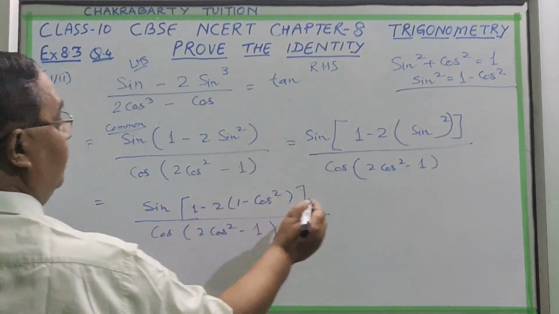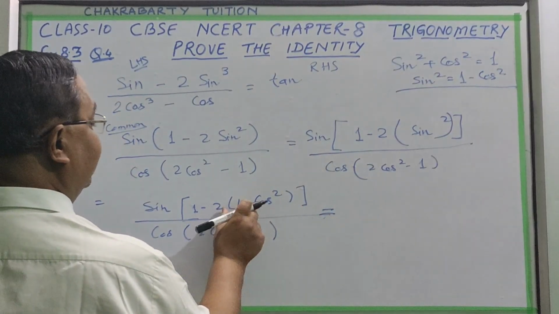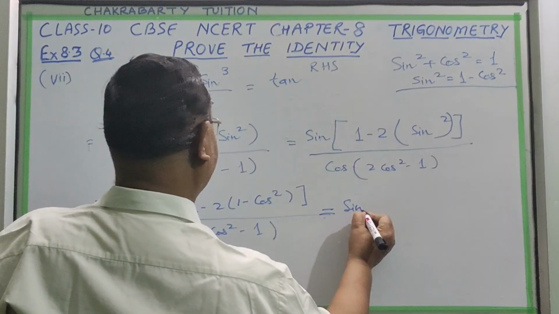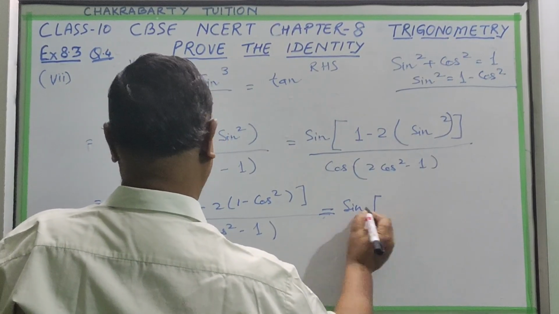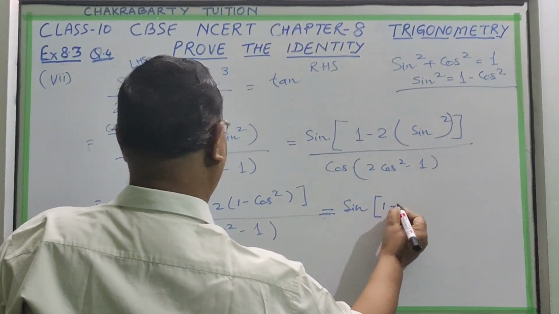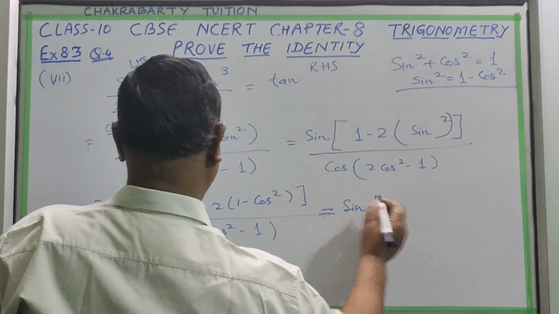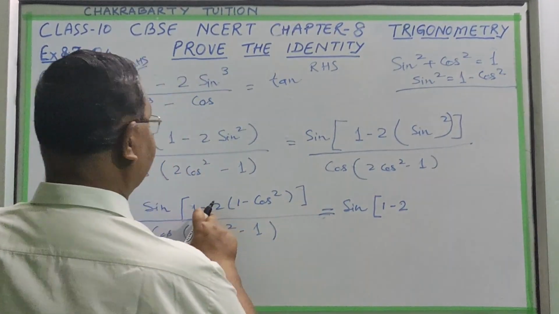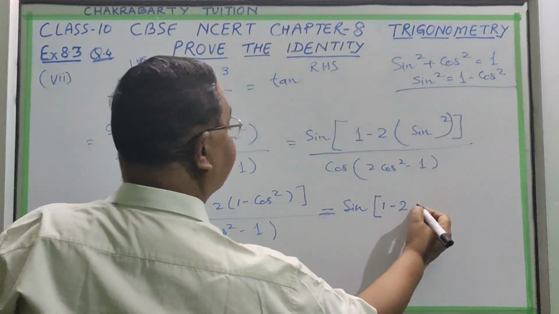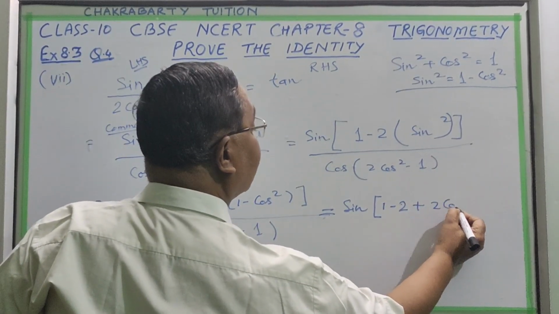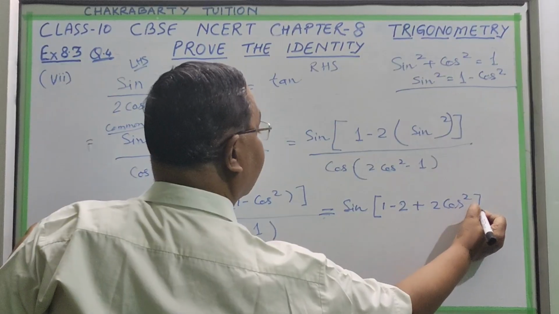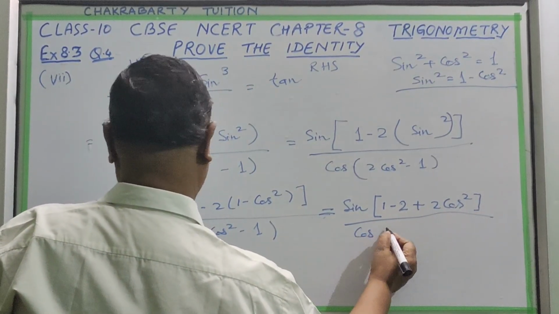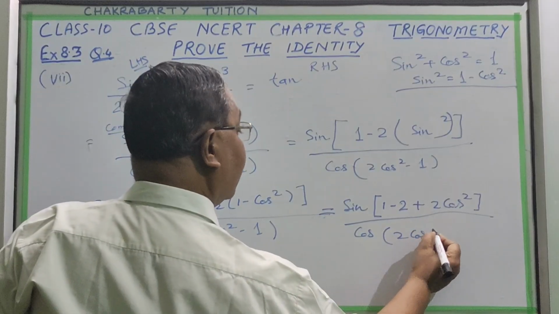So now we will open the bracket. First we will multiply, then only this bracket can be solved. So sine, 1 minus, it will open, the plus sign will become minus sign, minus 2, and this minus sign will make it plus sign, 2 cos square, upon cos into 2 cos square minus 1.